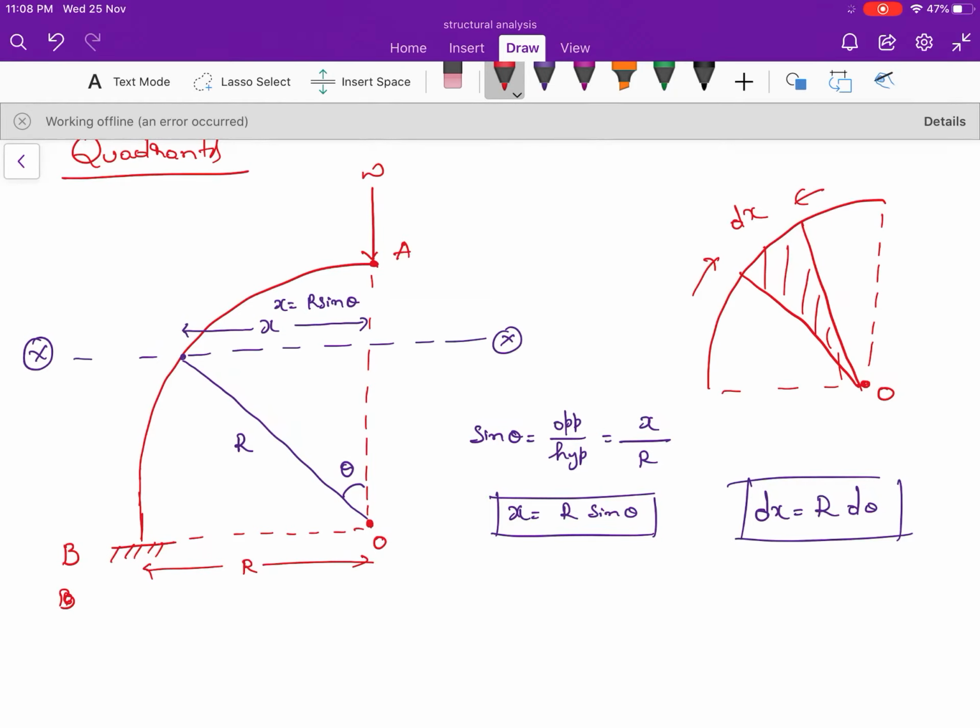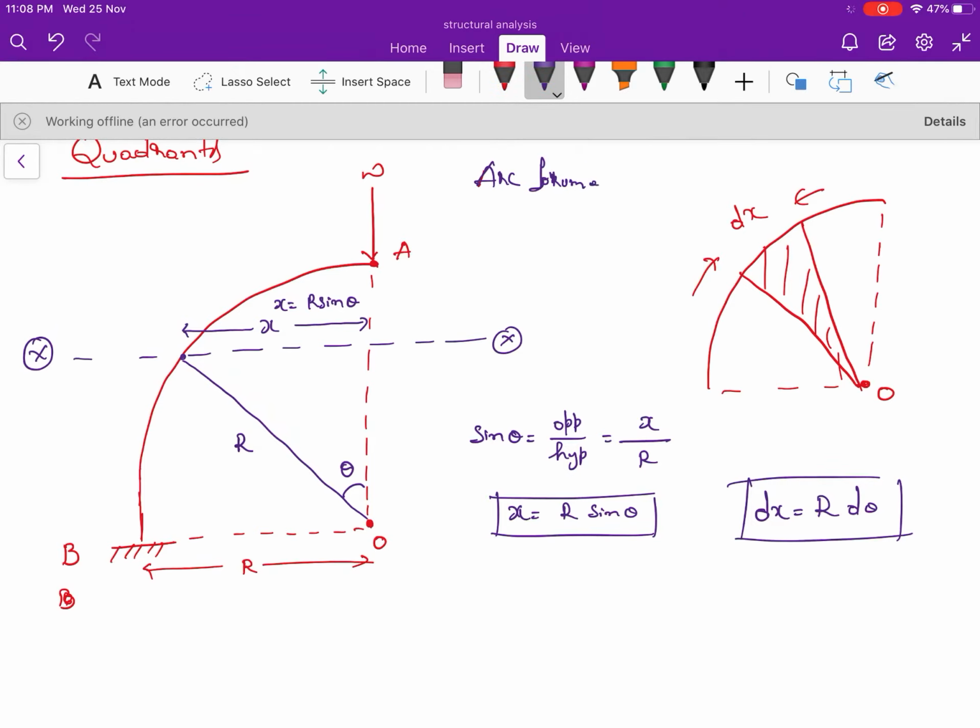According to the arc formula, this is the radius r and the elementary angle is d theta. So dx will be equal to r times d theta.